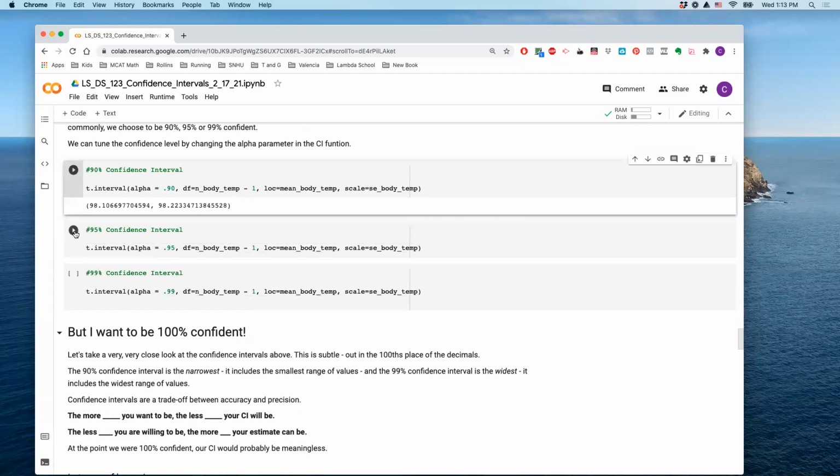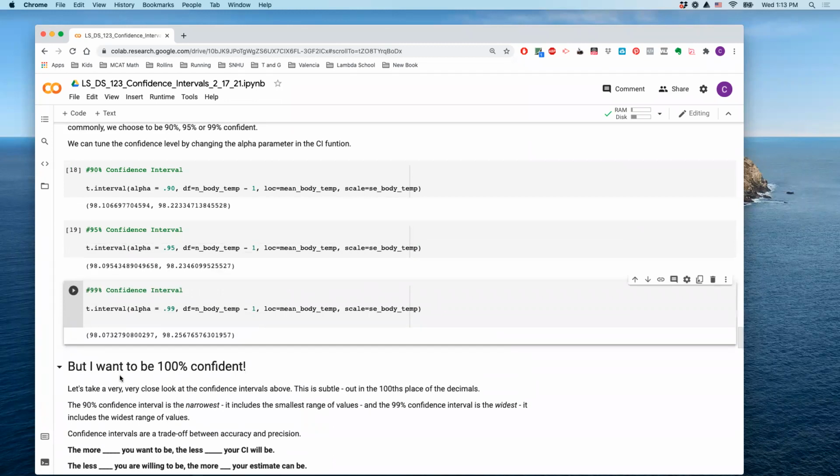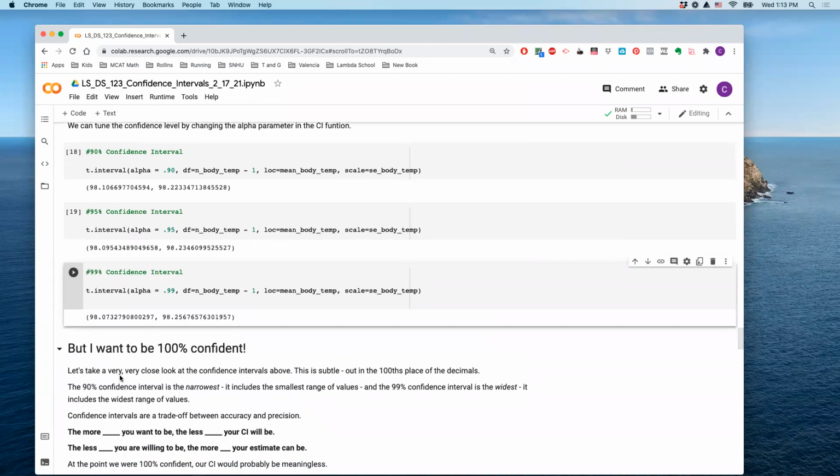All right, so we can look very closely, like with our magnifying glasses, at the hundredths place of these three confidence intervals. Okay, if you look at them very closely, what we want to compare is the width of the confidence interval. And by width, I mean the difference between the biggest number and the smallest number.